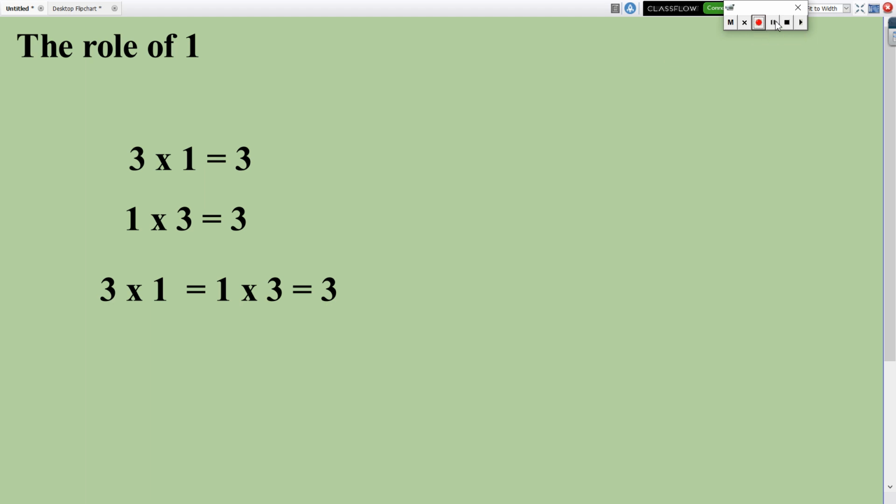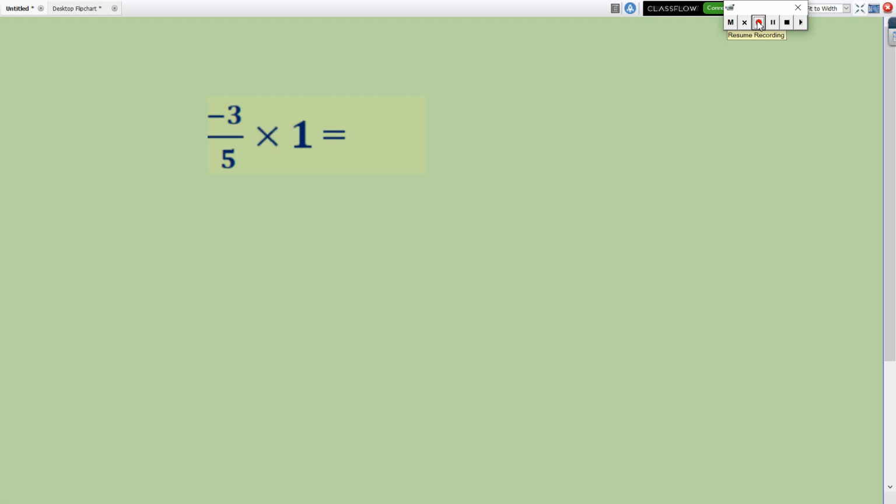Now what about rational numbers? What is negative 3 by 5 into 1? Yes, you are getting negative 3 by 5. Now what about 1 into negative 3 by 5? That also you are getting negative 3 by 5 as the answer.